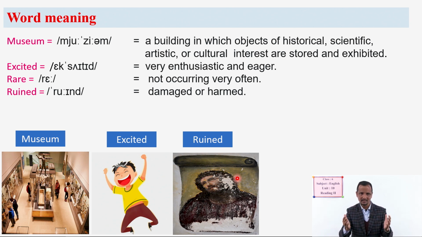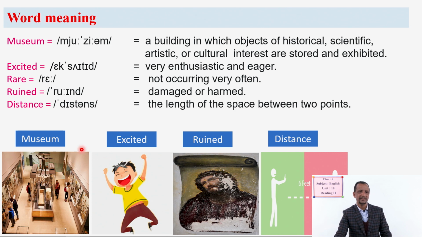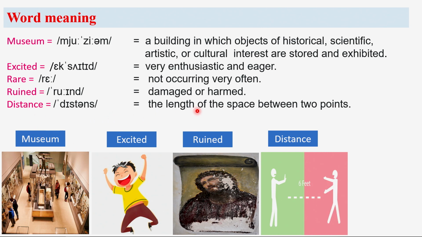Yes? Very good. Now, the next one, see over here, distance: the length of the space between two points. Okay, like this. Here you can see in the picture also. What is the distance between two people here? 6 feet, right? That is distance.